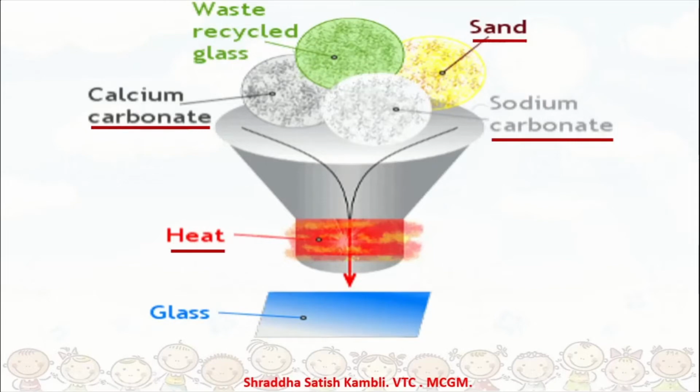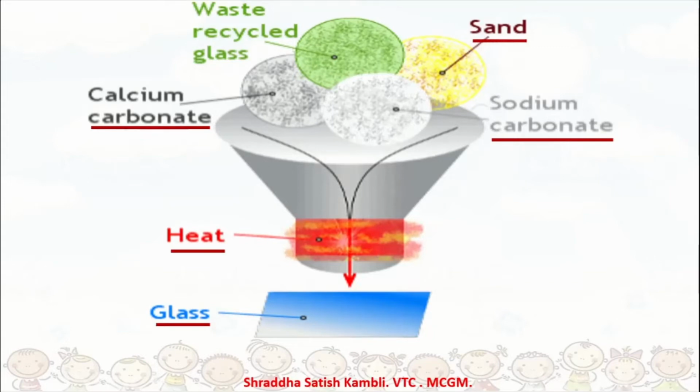How is it heated? It is heated in a big jar, okay, in a very big vessel which is called a furnace. And after it is heated for a long time, you will see that glass is produced. Alright, so this is the way in which glass is produced from sand.